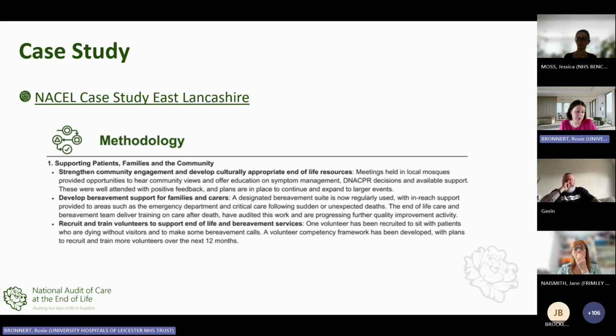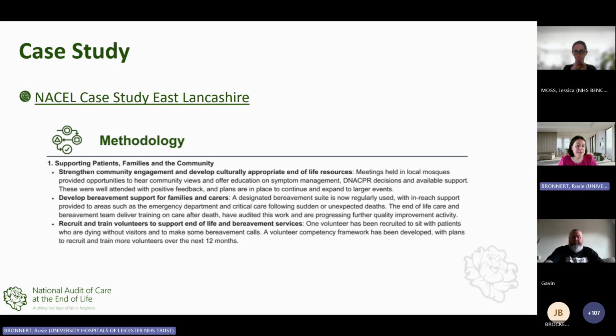And we just wanted to showcase the presence of them, but also, for example, here, they have done lots of work locally to hear from their wider communities, including some work in the local mosques to have opportunities to hear community views, offer some education, but predominantly to hear the voices of that community and understand what's important to them, as well as the opportunity to talk about symptoms, resuscitation decisions and available support. And these have been really well received, and there are plans in place to try and make that larger and expanded.